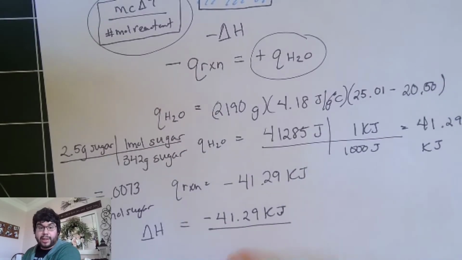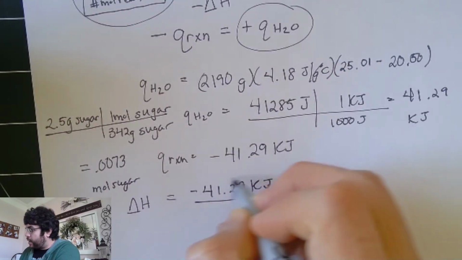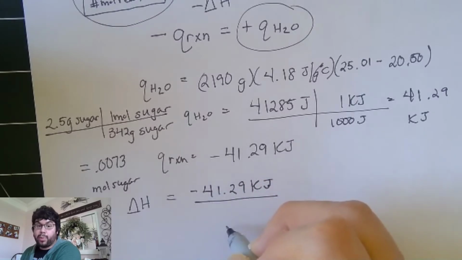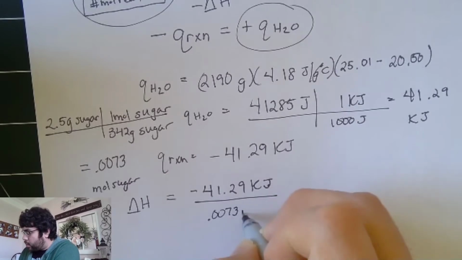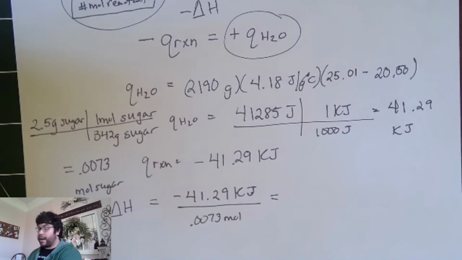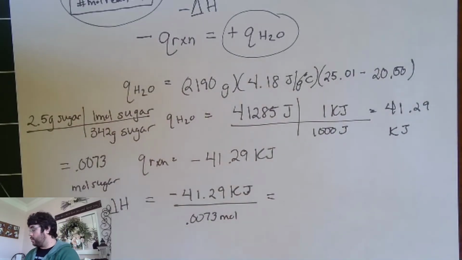Okay, I'm going to put that down here. So remember, it's how much heat was lost by the reaction divided by how many moles of sugar reacted. So 0.0073 moles. And that'll give us the enthalpy, the amount of energy released per mole of the reaction.